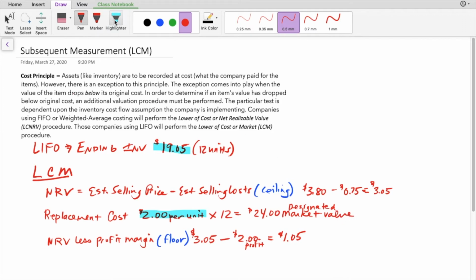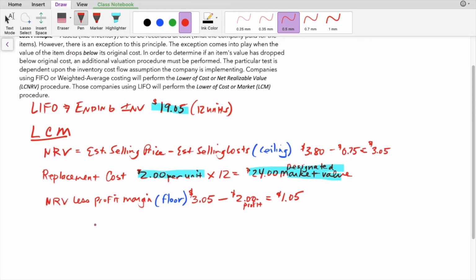So again, I've got to compare my cost and my market. When I come down here to do my comparison, I need to find the lower of cost or market.